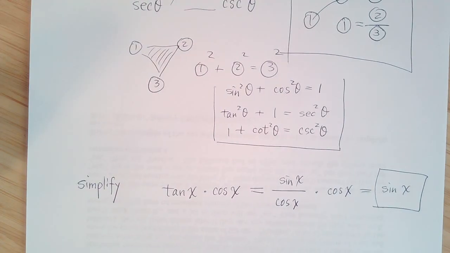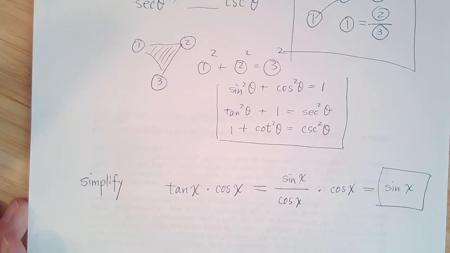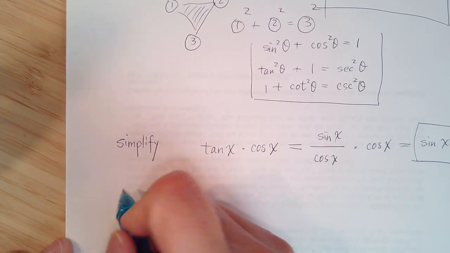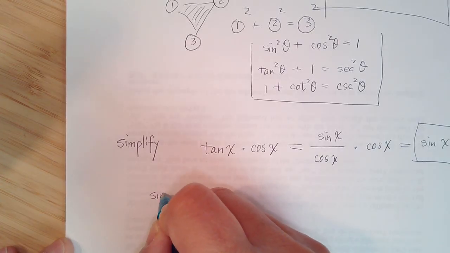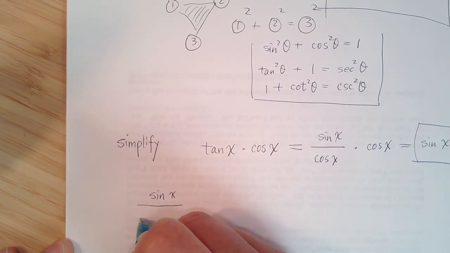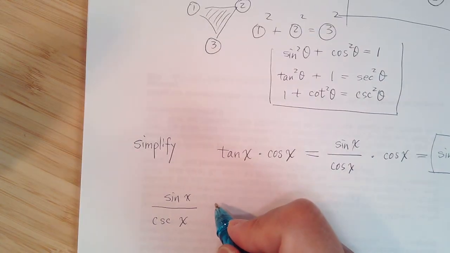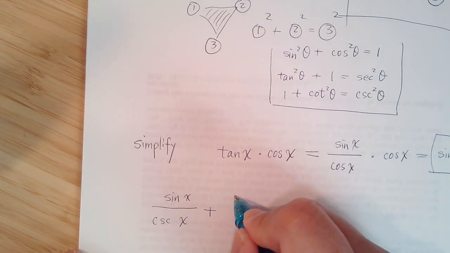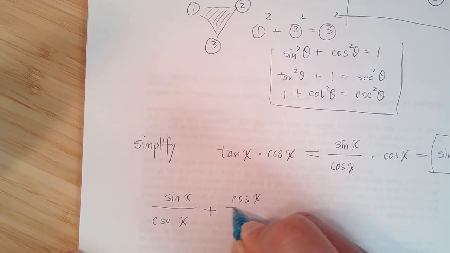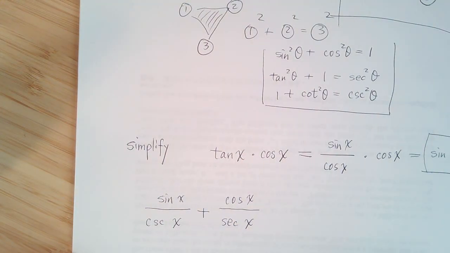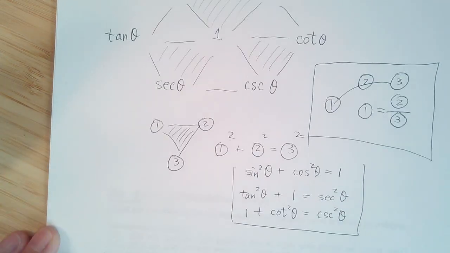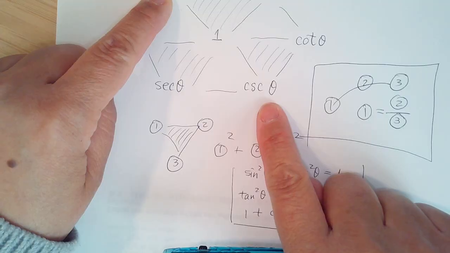Now I'm going to ask you to do something a little bit more complicated: simplify sine x over cosecant x plus cosine x over secant x. Sine over cosecant, wait, they're not the same, right?